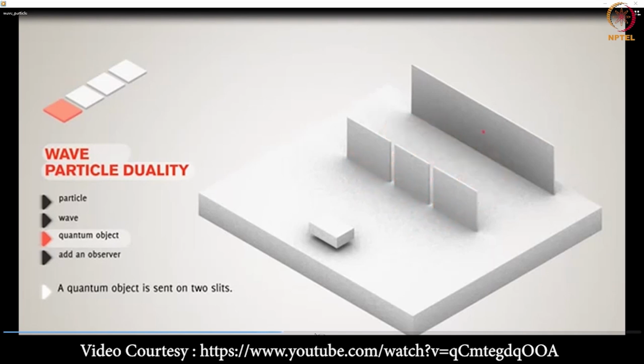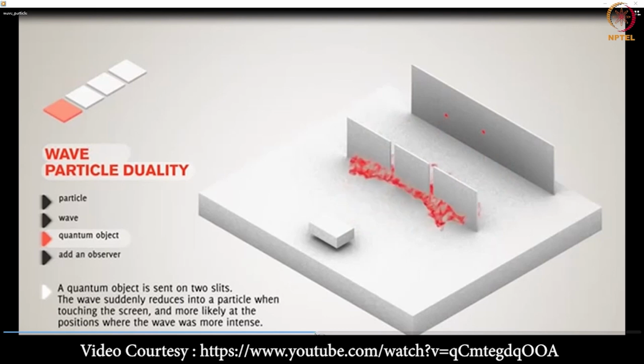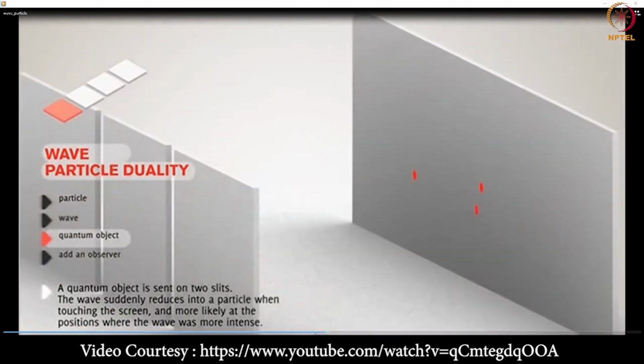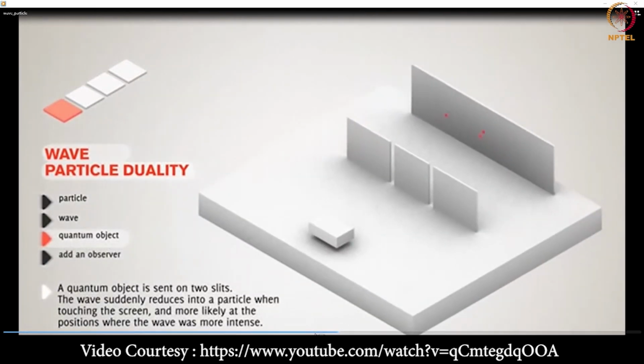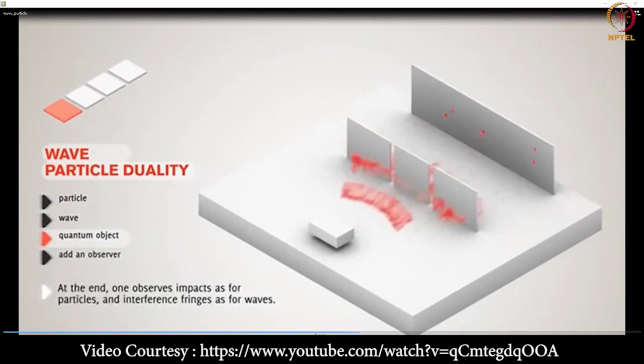So when you observe, that's the observation screen, you observe it as a particle, but if you have multiple observations, quite interestingly, all these particles start making a pattern. It's a fairly well defined pattern, just as in the case of the wave. Okay. So what exactly is happening?